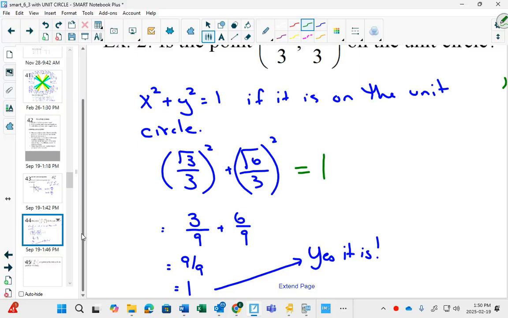They still lost the half a mark because you can't assume it's true before you've proved it. So that's why I wrote a statement that says if it's on the unit circle, it has to equal 1, x squared plus y squared equals 1. Then I just started figuring it out, and once I figured it out and said it was 1, I can now say, yes, it is.